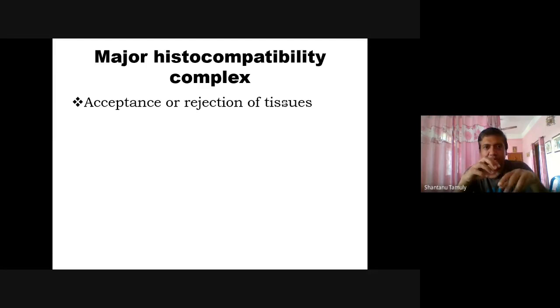You take tissue or organ from one individual to another individual of the same species. There is every chance that the individual to whom you are going to transplant the tissue or the organ may reject it. Okay, the body will reject.